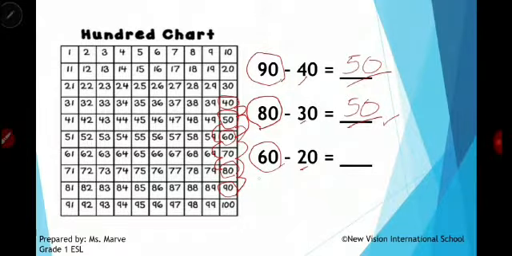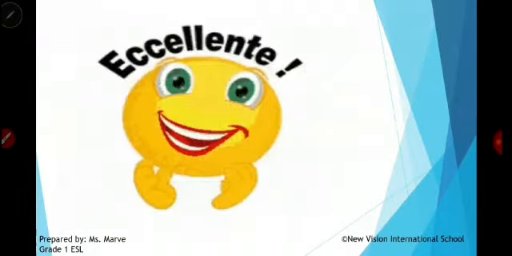Very good. We landed on number 40. So 60 minus 20 is equals 40. 40 here is the difference. Is your answer the same with mine? Good job. You can check your answer. Okay, excellent.